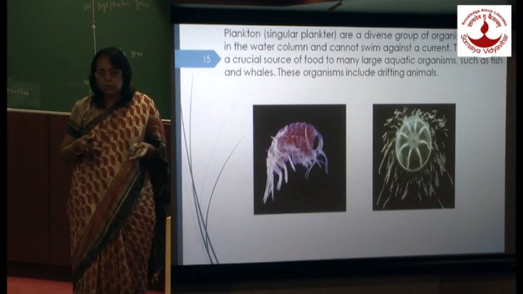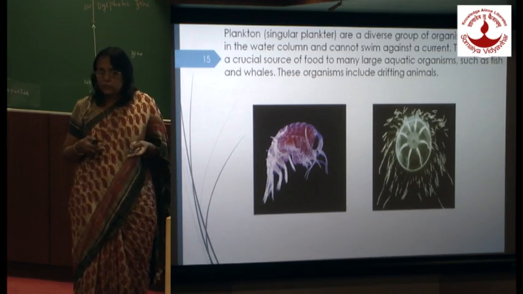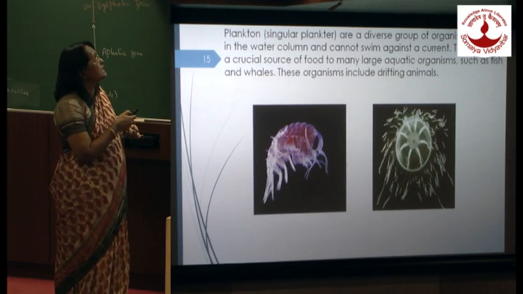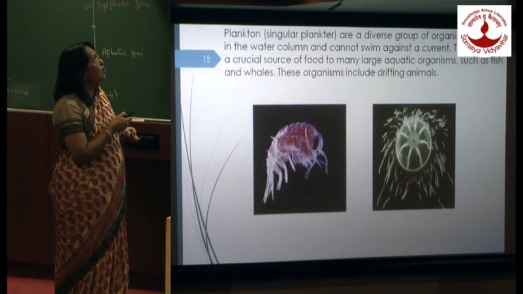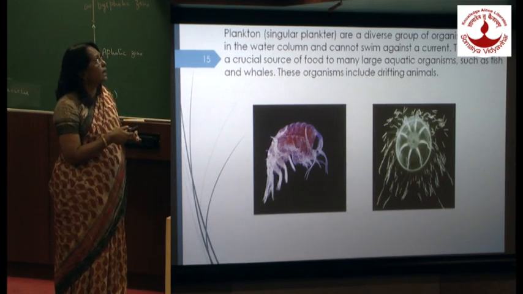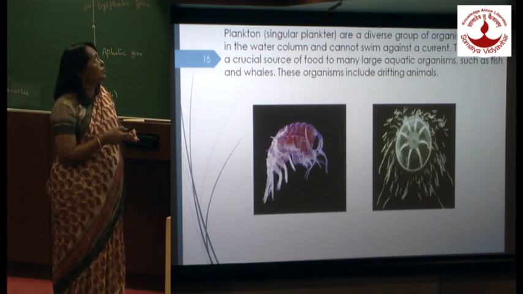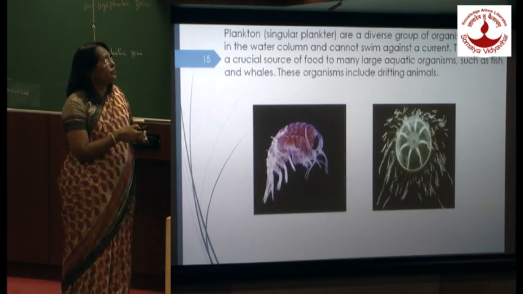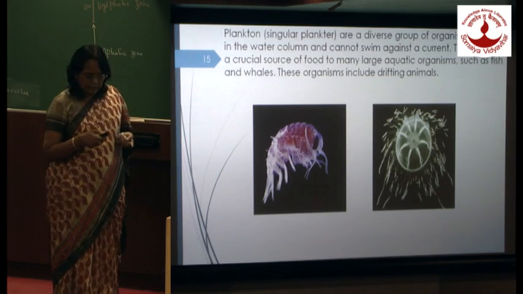I mean, very feeble locomotory power. So those are the animals which we call as plankton, and they form a crucial source of food, alright, to many large aquatic organisms, fish and whales, and we can call them as drifting animals.